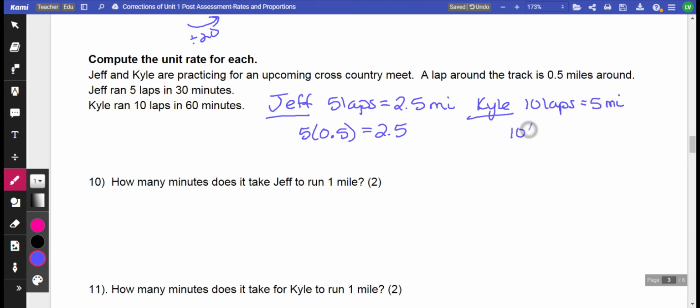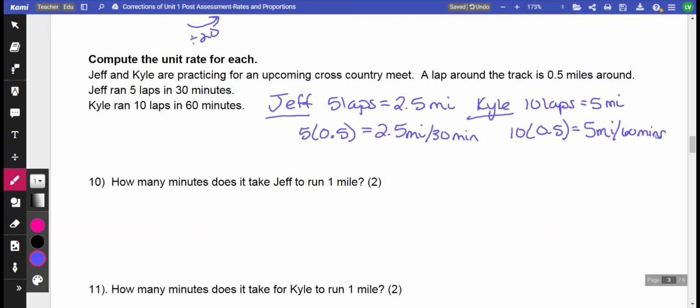Again, to show that work, 10 times 0 and 5/10 equals 5, because 10 laps at half a mile per lap equals 5 miles. So Jeff ran 2.5 miles in 30 minutes. Kyle ran 5 miles in 60 minutes. So I'm going to add that in for both of them.